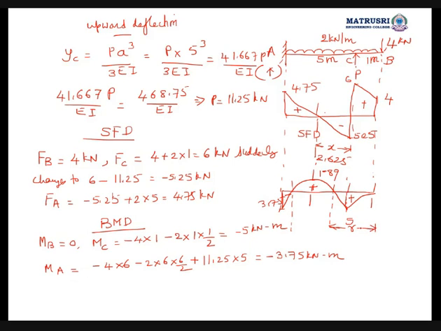You can see how this R is there now. So I am writing M at R. What will happen here? 4 into R clockwise is minus, then 2 into R by 2 clockwise negative, then P into R minus 1.